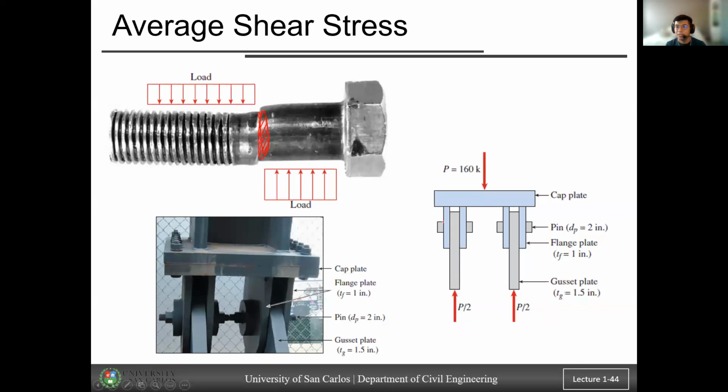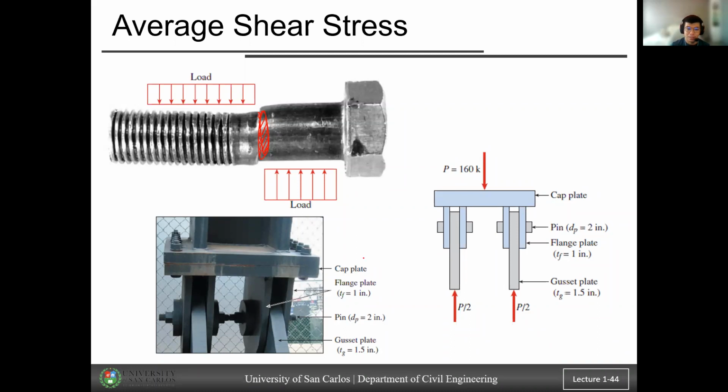So in actual practice, let's say in steel design, especially for bolt connections, you have to consider many stresses aside from shear stress, such as bearing stress, punching stress, and other types of stresses in design. This is a portion of a truss connection, a bolted truss.